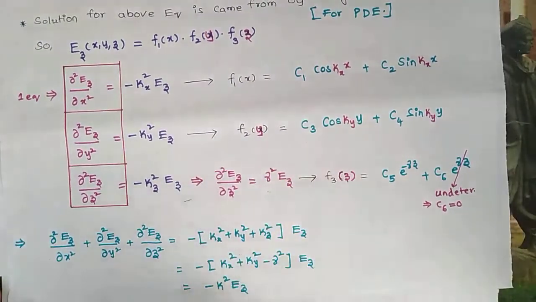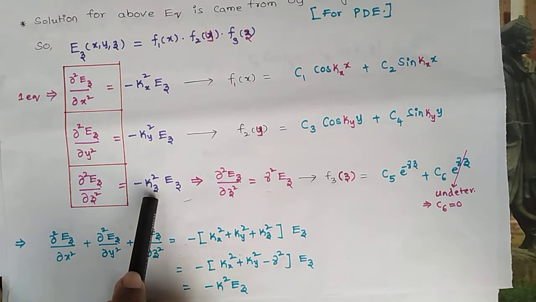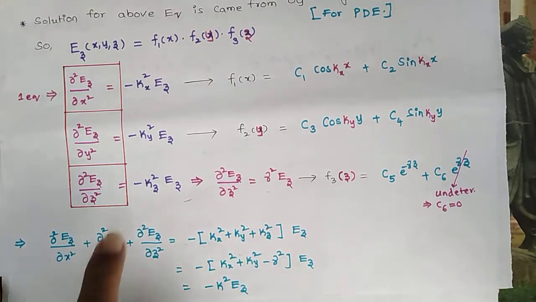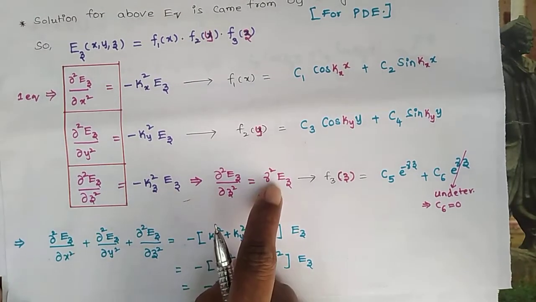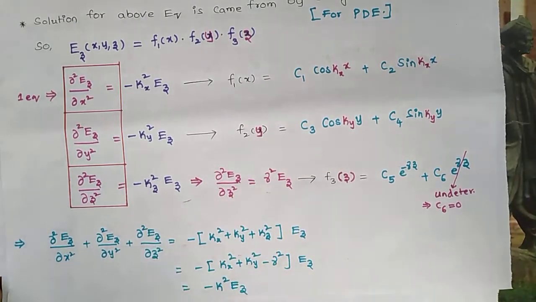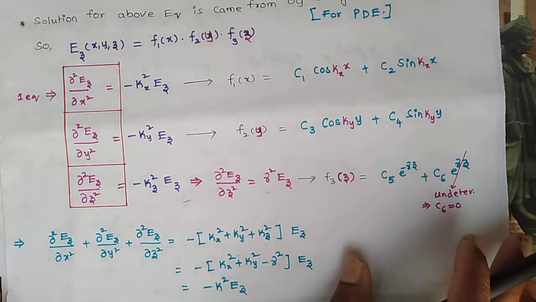So I substitute minus of kx square plus ky square plus kz square, but I replace kz square by minus gamma square, that is, kz square equals minus gamma square. So in total, k square equals kx square plus ky square minus gamma square.